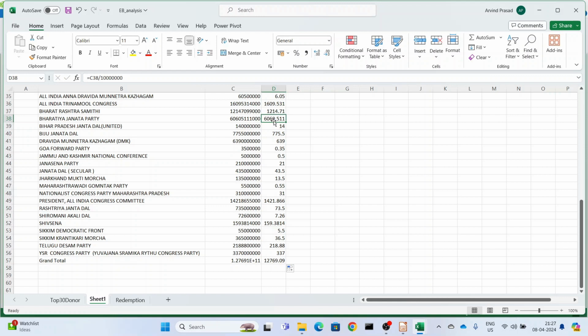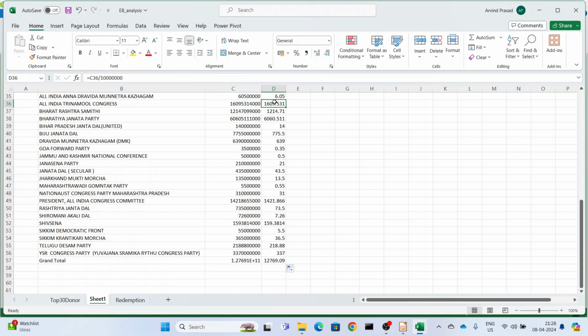So that's way more than double of Congress. And then afterwards, yes, Trinamool Congress seems to have received more than Congress. And that makes it a strong contender in national politics.